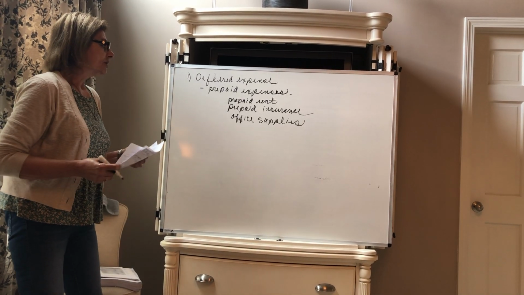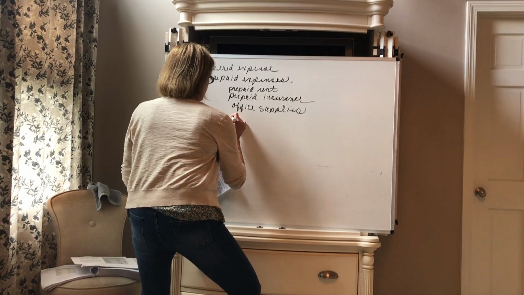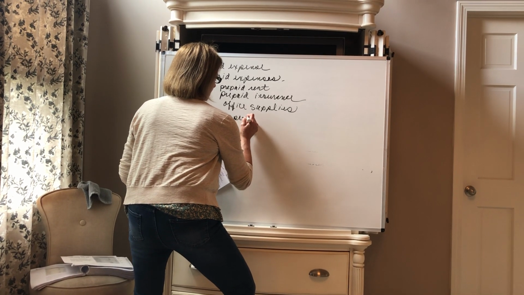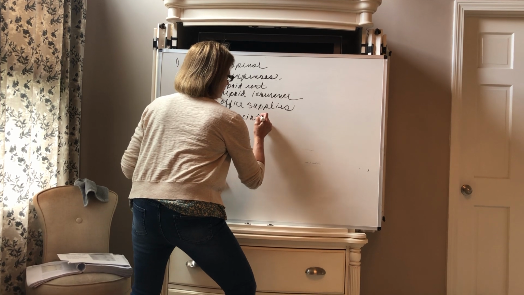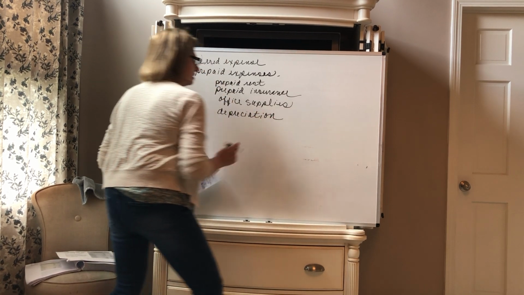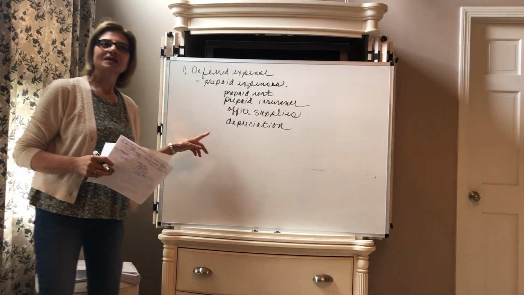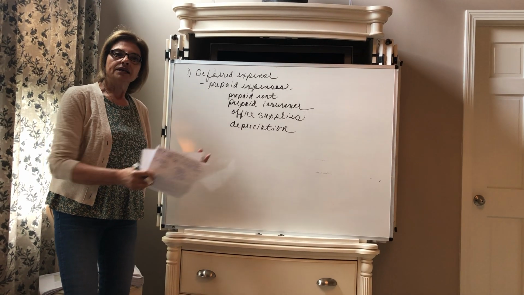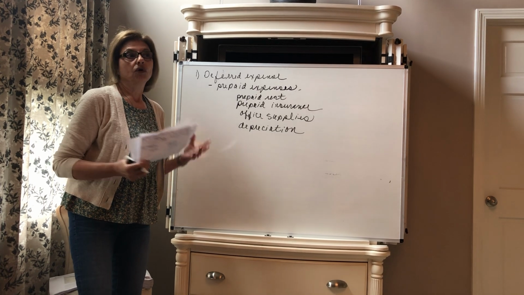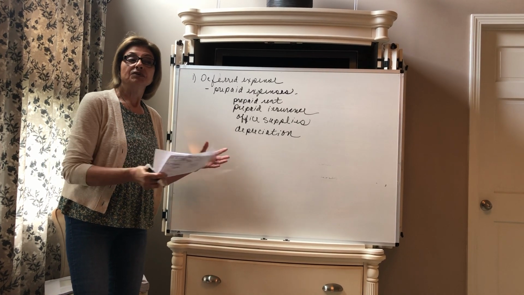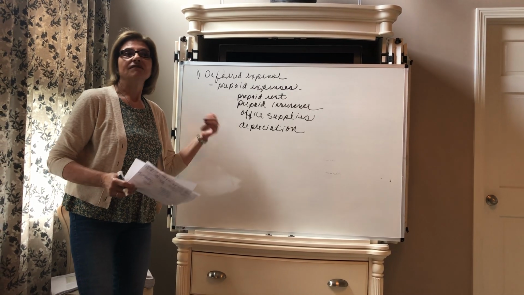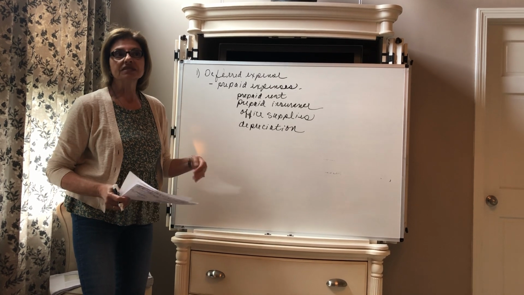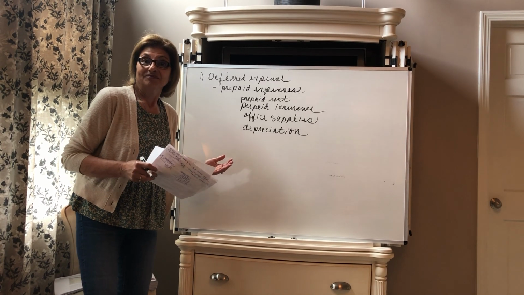The last one I'm going to talk about is depreciation. Depreciation is kind of its own thing. I call it the made-up expense. This is depreciation on long-term assets, called PP&E, property, plant, and equipment, like buildings and vehicles and computers and their favorite equipment.